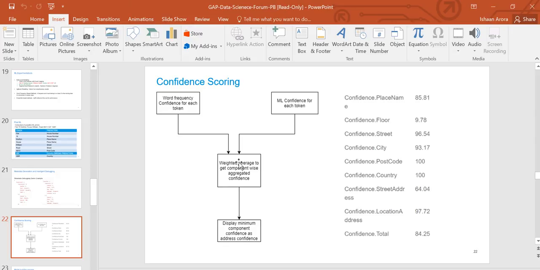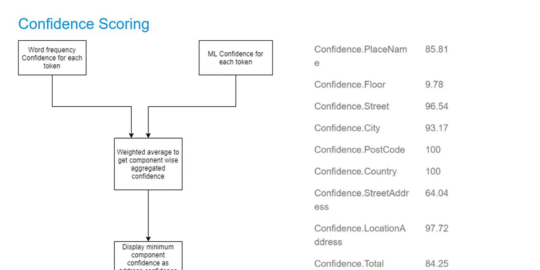So we wanted a similar mechanism on our front as well, where the addresses which our ML system was not confident about, we wanted to give them a lower confidence. Also a threshold of 80 was set because GAV followed a similar pattern. An address parsed below the confidence of 80 should generally be ignored. So the confidence scoring mechanism was like this.